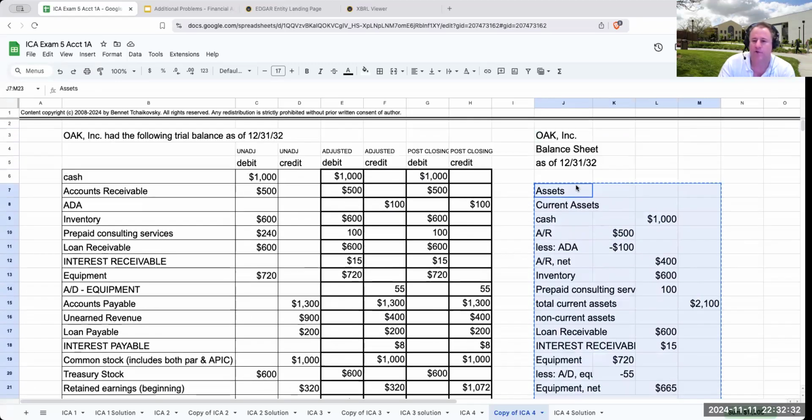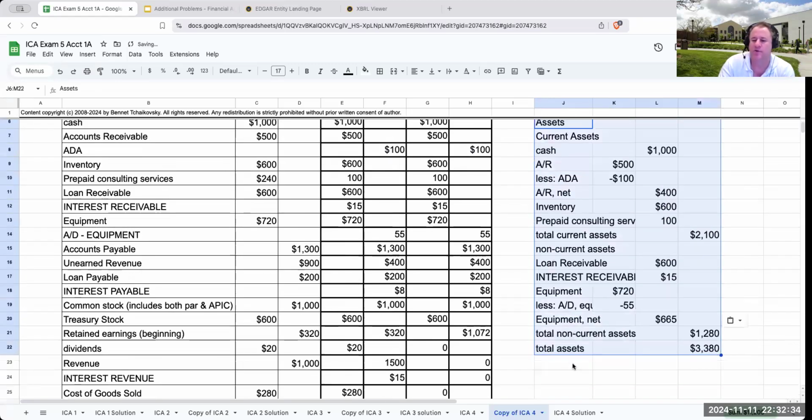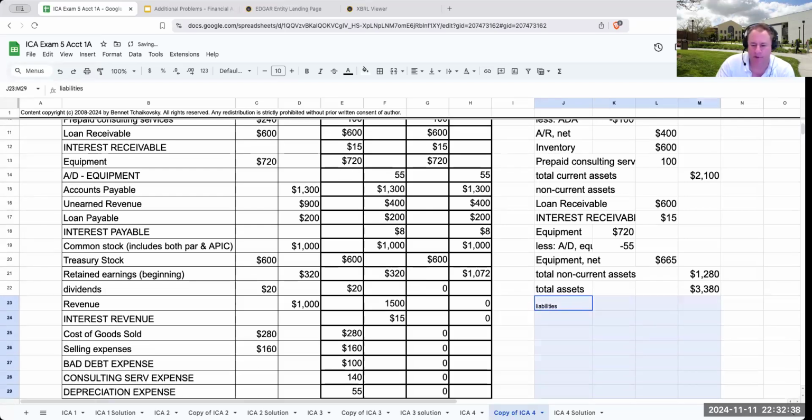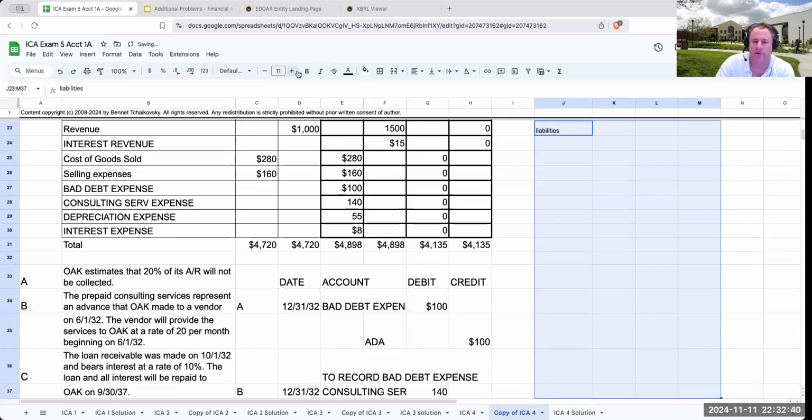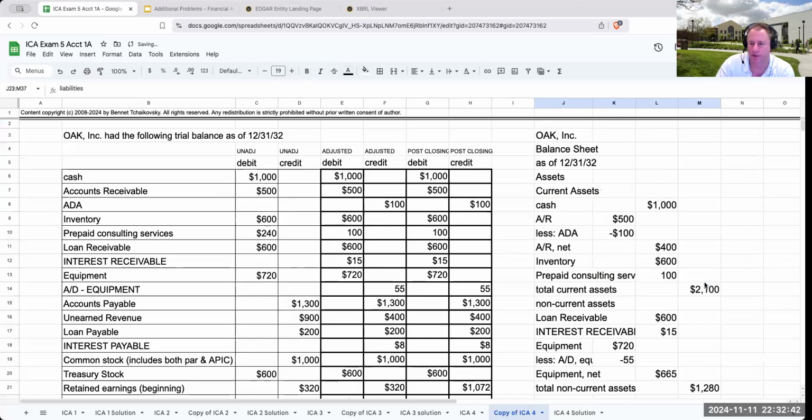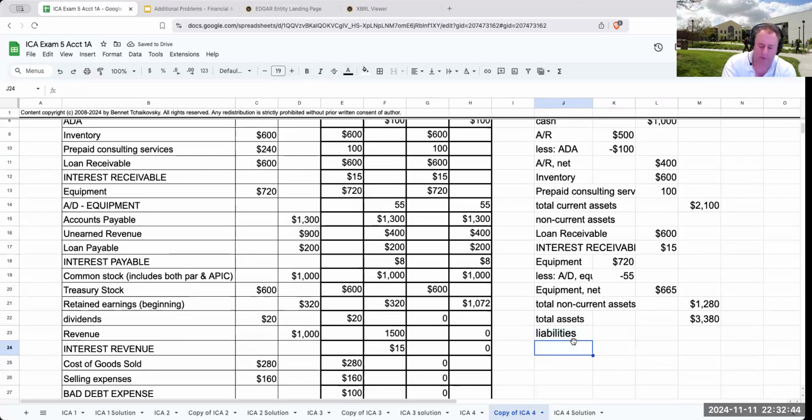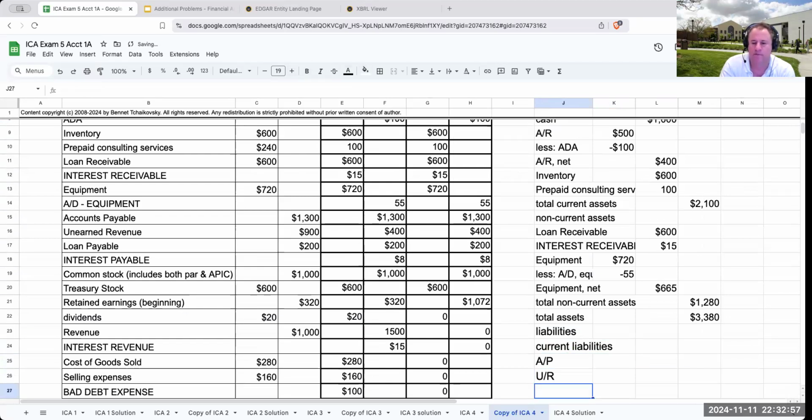So those are the assets. Let's now go to the liabilities. For my liabilities, I'm going to also have current, and then I'm going to have non-current. So for my current liabilities, I have accounts payable. I'm going to go ahead and abbreviate unearned revenue.